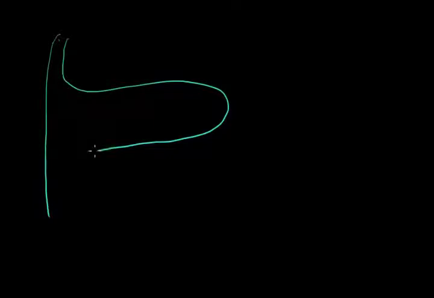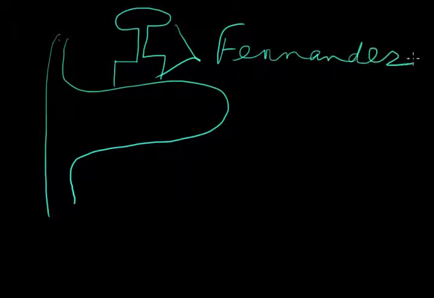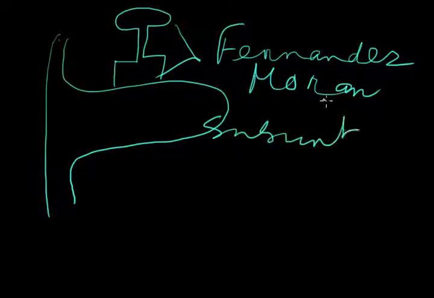If we magnify the structure of cristae, these finger-shaped long structures are supported by these tennis racket-shaped particles, and we call them Fernandez-Moran subunits.